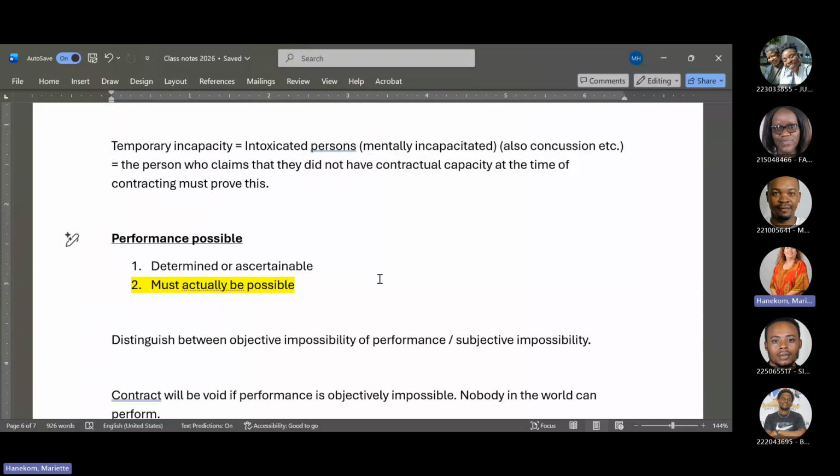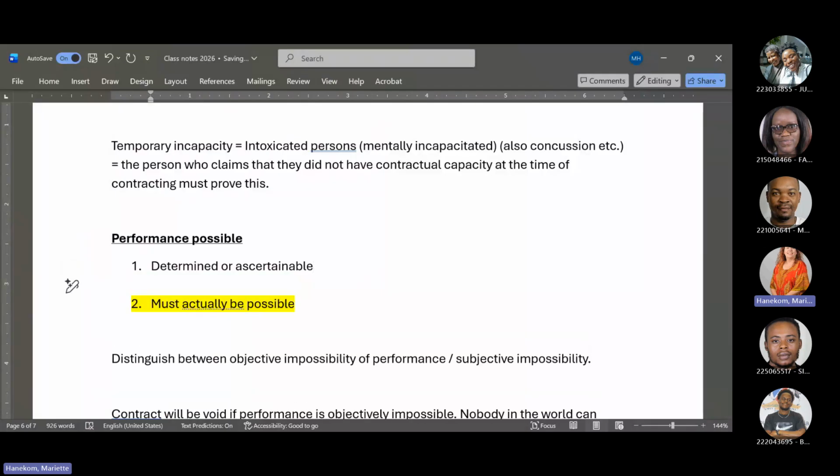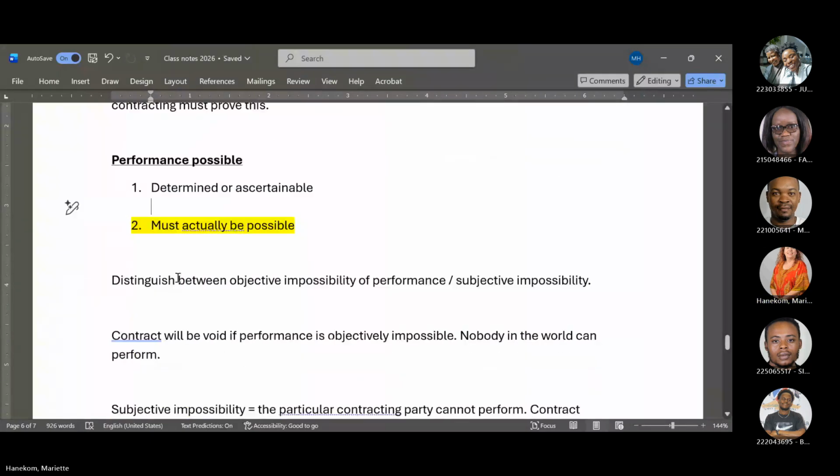In order for performance to be possible, we need to know what actually needs to be done. In addition to knowing what needs to be done, it must also actually be physically possible. With regard to the physical possibility of performance, can this be done?